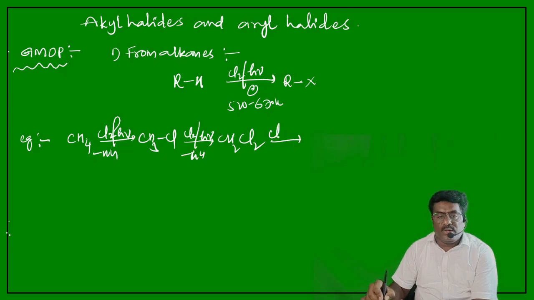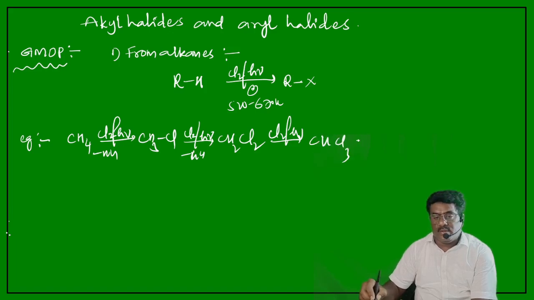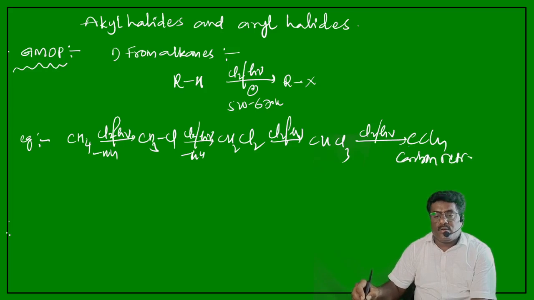CH2Cl2, again chlorinated, gives CHCl3, chloroform. Chloroform, again chlorinated, gives CCl4, carbon tetrachloride.